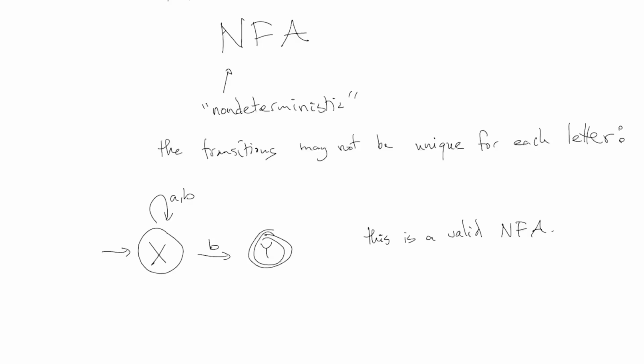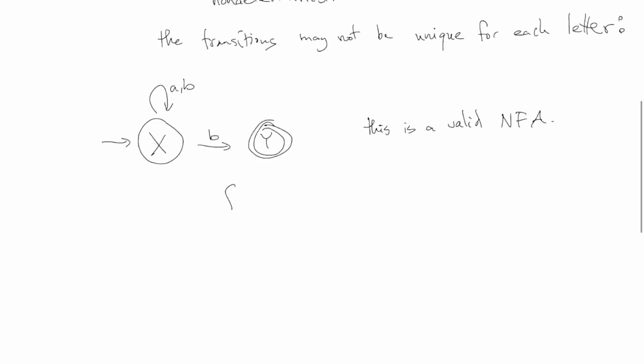What's interesting about it is from X, the B transition can lead to X or Y, right? There's a B arrow from X going back to X, and there's also a B arrow going over to Y.